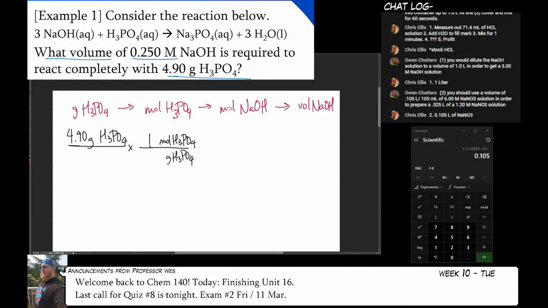So how many grams are in a mole of H3PO4? We could type that in on Lenntech. And it looks like that's 98 grams per mole, the molar mass of that. Then we'll do moles of H3PO4 to moles of sodium hydroxide.